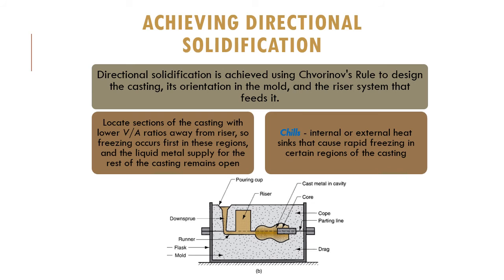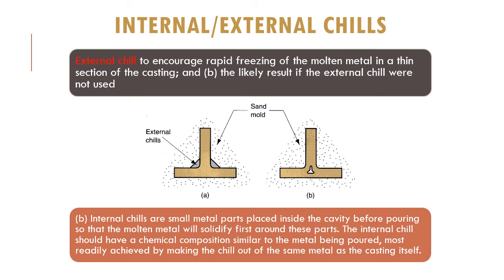So another method is by using chill. An internal or external heat sink that causes rapid freezing in a certain region of the casting. So external chill is usually used to encourage rapid freezing of the molten metal in a thin section of the casting. The picture here shows where the external chill is placed, which is inside the sand mold instead of inside the cavity.